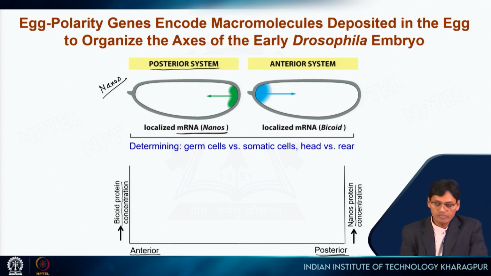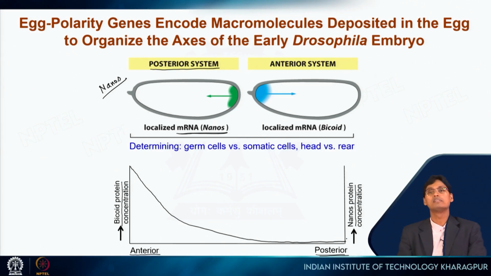It is very simple, as I already explained. In the case of bicoid protein concentration, it will go something like this in a normal Drosophila. No mutant, nothing. This is the concentration of bicoid protein. Similarly, nanos protein will be something like this, just opposite.